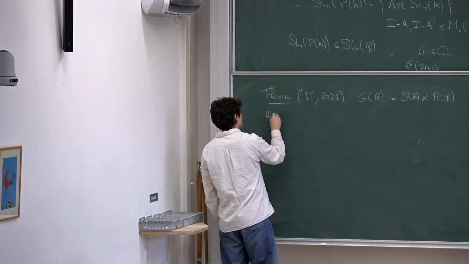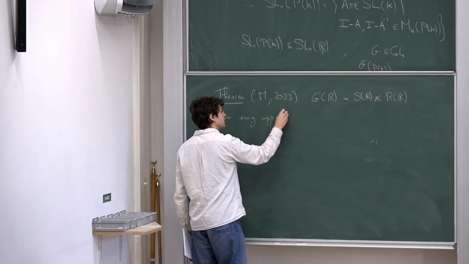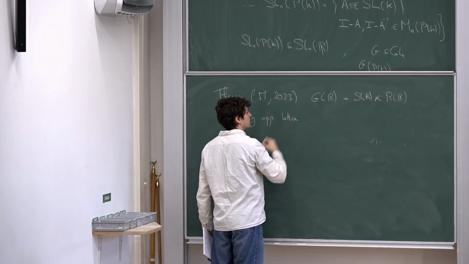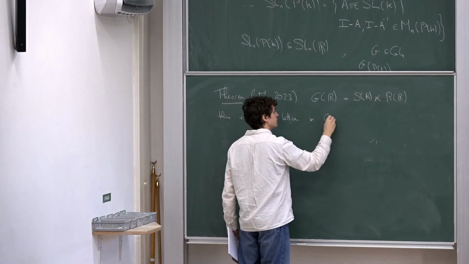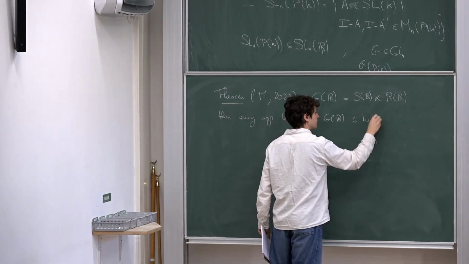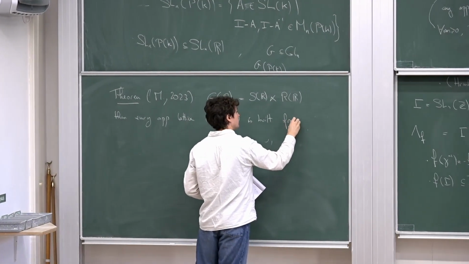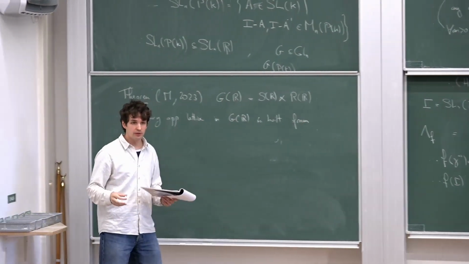Then every approximate lattice in G(R) is built from three pieces of information.